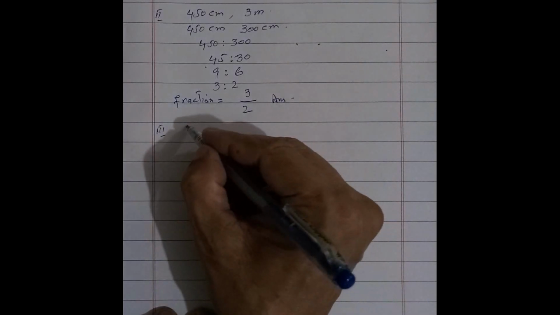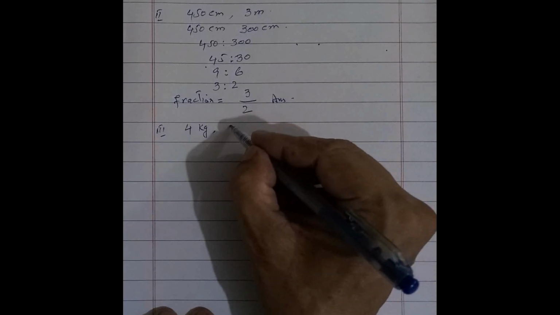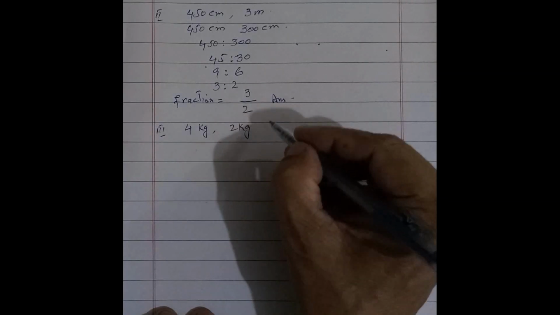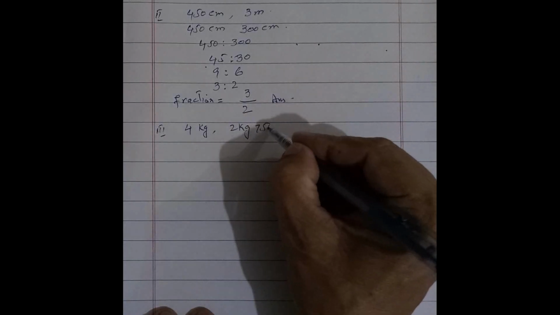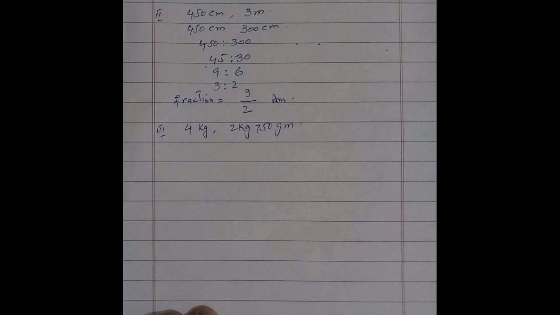Part 3: 4 kg and the other is 2 kg 750 gram. They do not have the same units, so we convert them to the same units and then solve it.